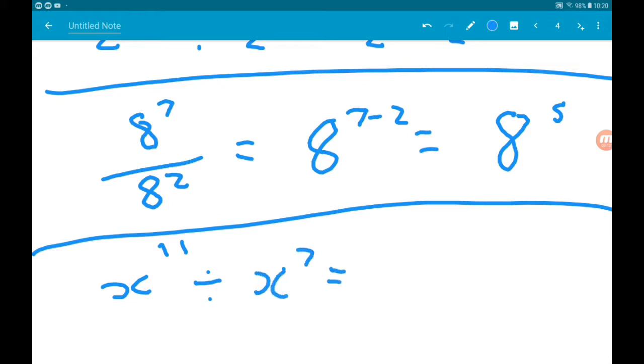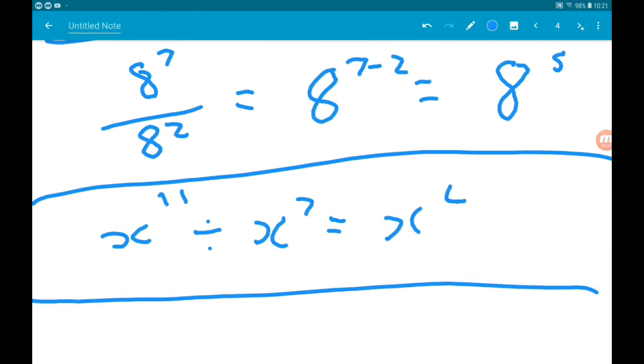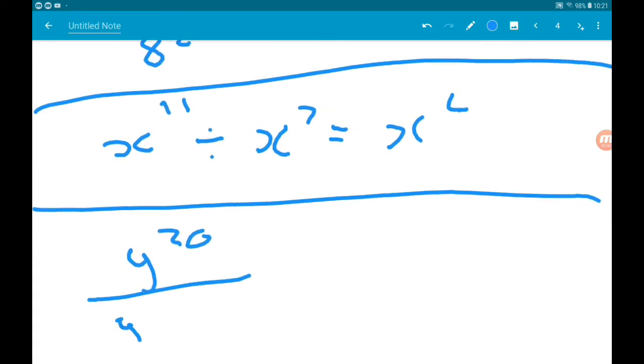That's going to give us x to the power 4. They might give us y to the power 20 over y to the power 13. That's going to give us y to the power 7. Cool.